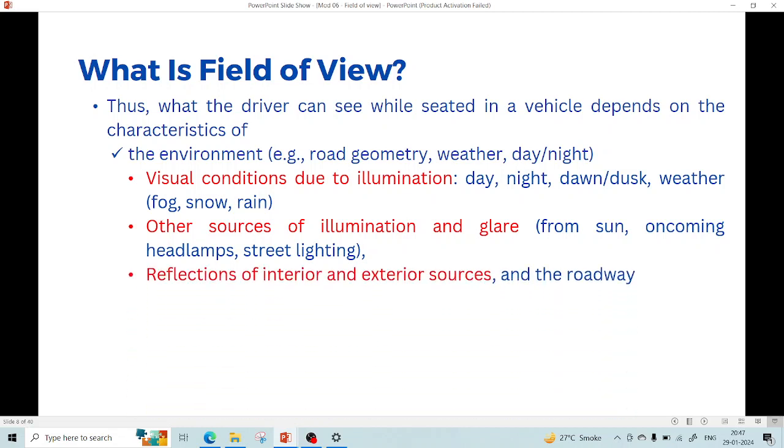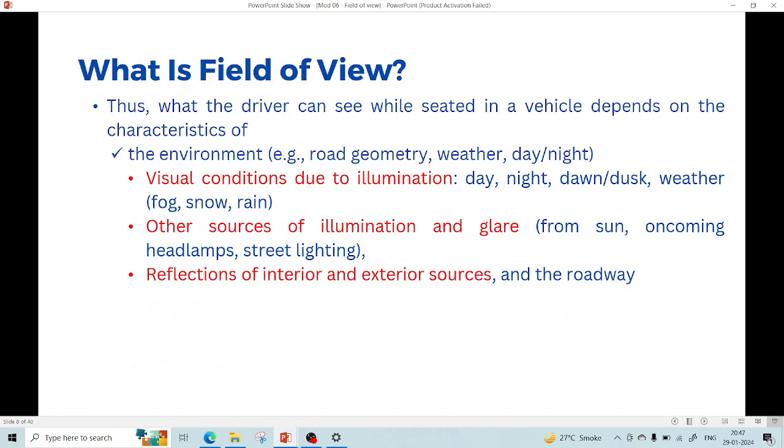The other sources of illumination and glare, other than weather, are the sun, oncoming headlamps, and street lights at night. All those things come into the picture. The reflections of interior and exterior sources, so there will be lights inside your vehicle and on the exterior of your vehicle, will also come under this environment category, where you can characterize your field of view.